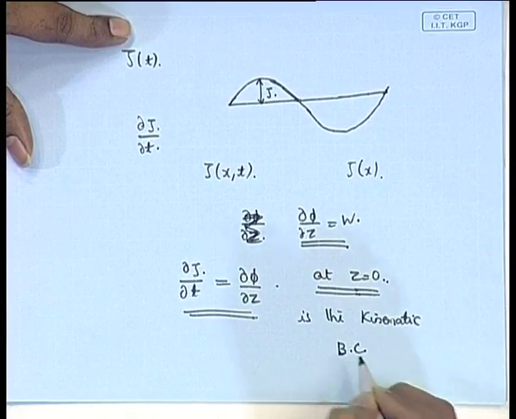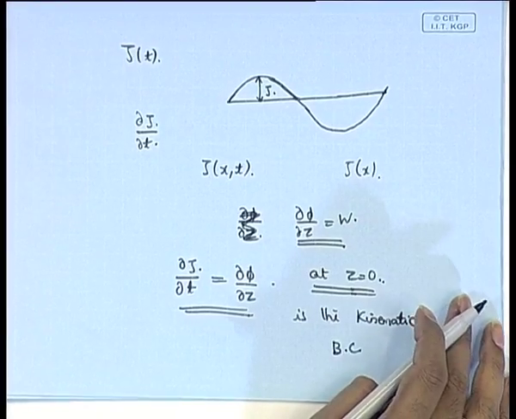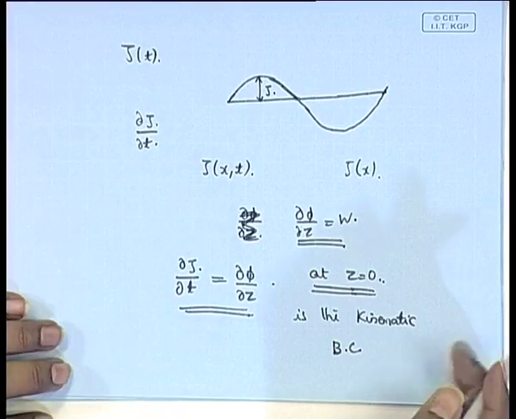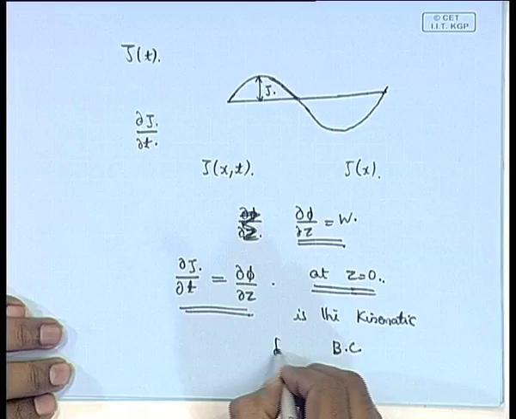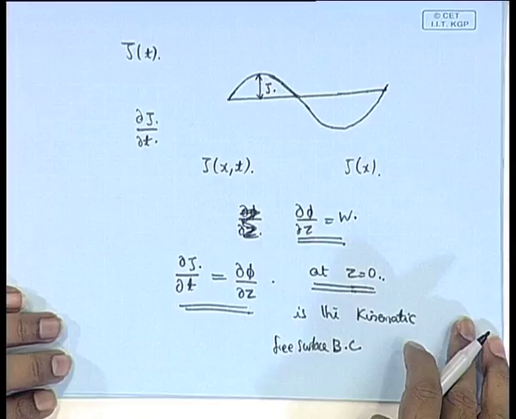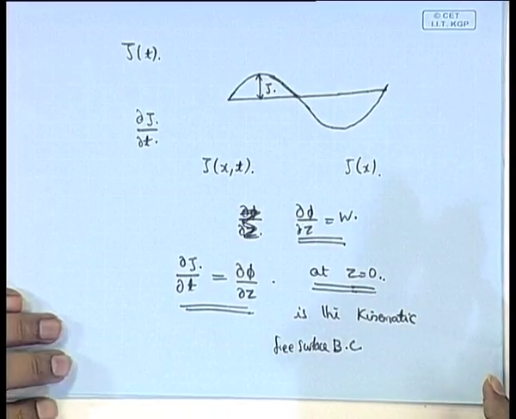So, this is known as the kinematic free surface boundary condition, that is one of the conditions on which the wave theory holds.